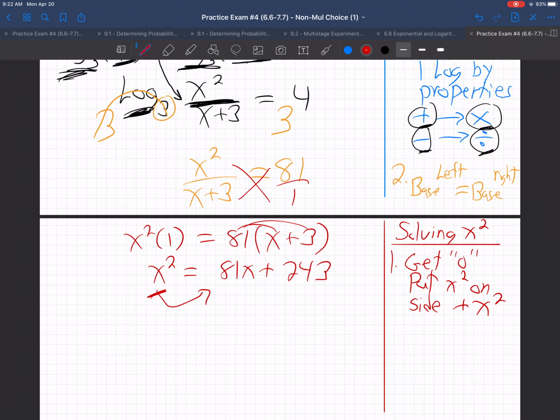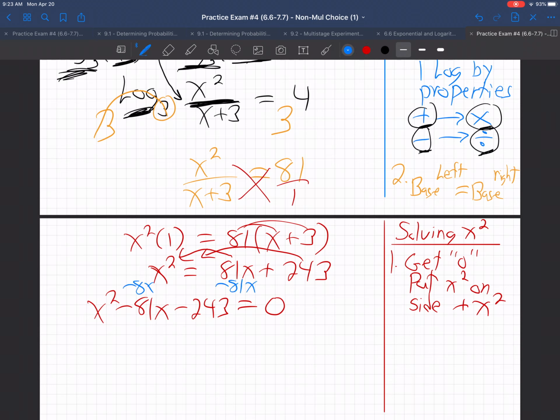Remember when things jump to the other side of the equal sign, they switch their signs? So I'm just going to jump these to the other side here, so it'll become x squared minus 81x minus 243 equals 0. Really, I just subtracted 81x from both sides, and I subtracted 243 from both sides. I just didn't want to show all that. That made a 0 and made them negative on the other side. It's quicker just to jump them, same effect.